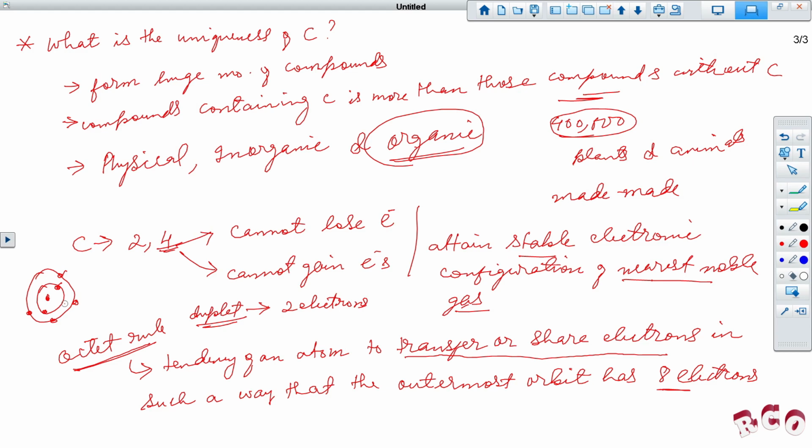So I will gain electrons and become stable, or I will lose electrons and become stable. That is why we were discussing that it cannot lose and cannot gain electrons. Why is it so? We will be discussing it in due time.